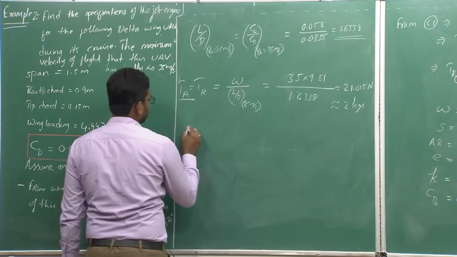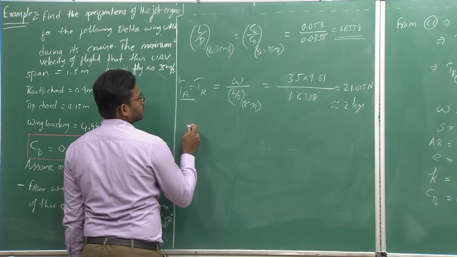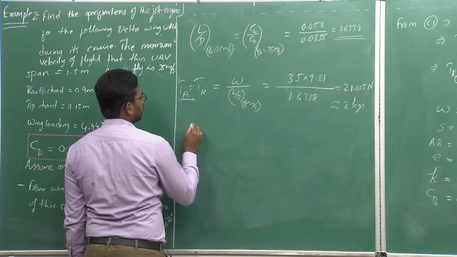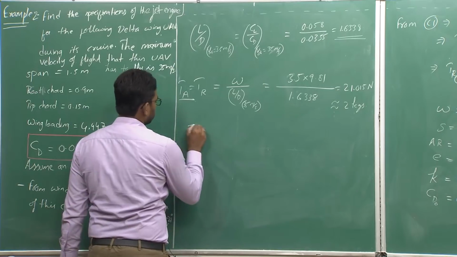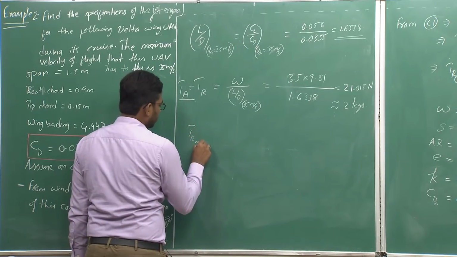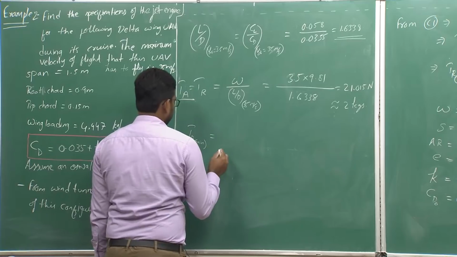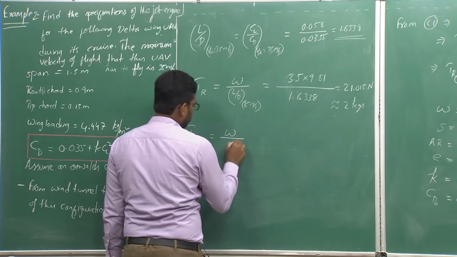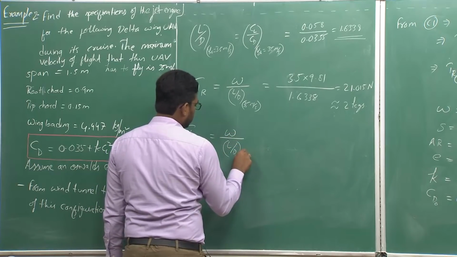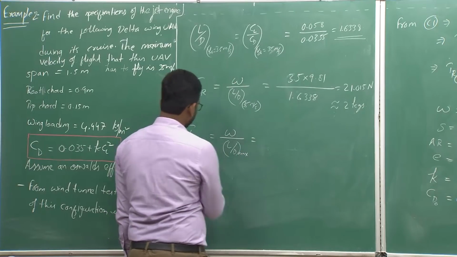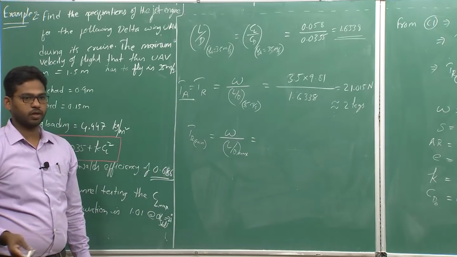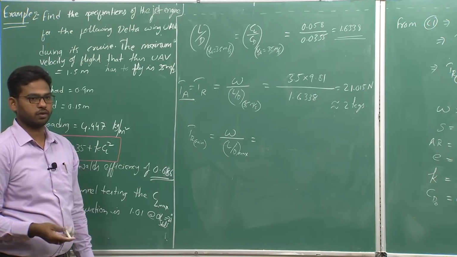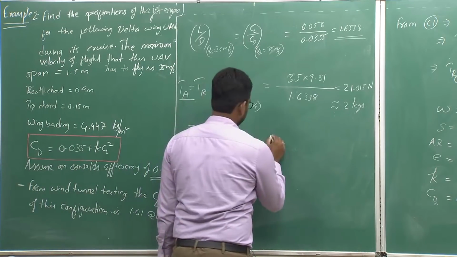Now, what should be the minimum thrust requirement? Thrust required minimum is equal to W by L by D maximum. So, this should be the minimum amount of thrust you need to supply in order to achieve level flight for this particular UAV, right.